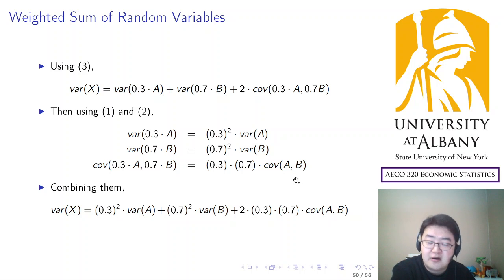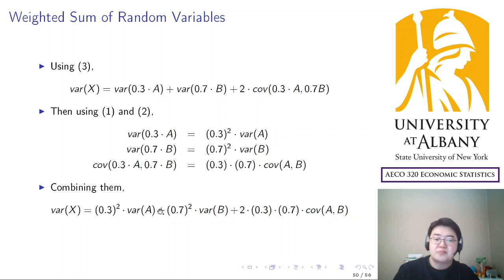That's the second result I wrote in the previous slide. Then combine everything and we get this value. This is the first term, the second term is here, and the last term is here. By the way, remember there is a 2. You have to multiply by 2 here.